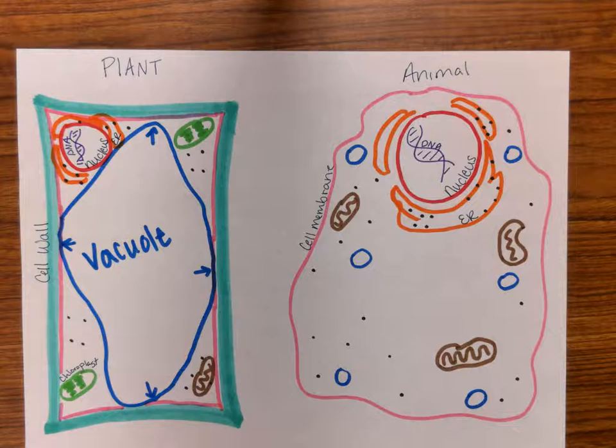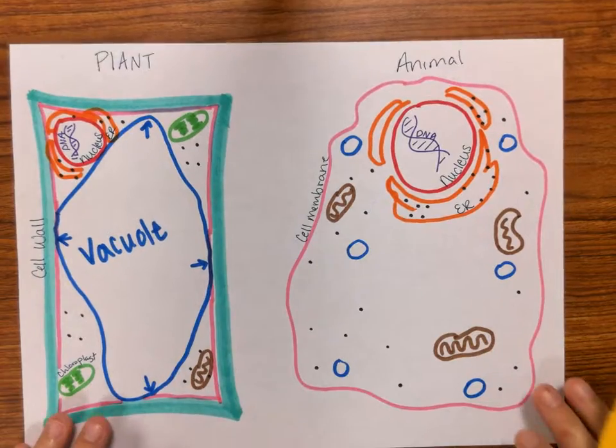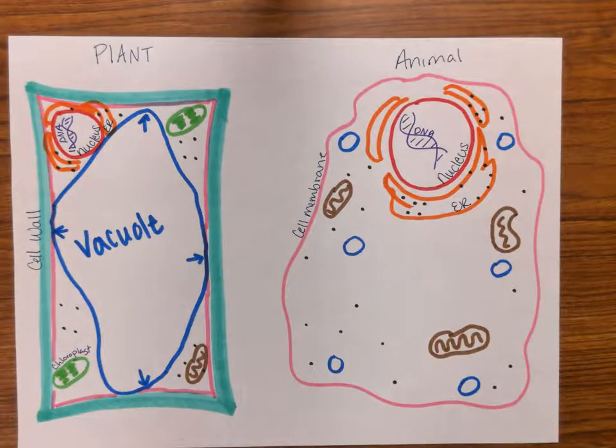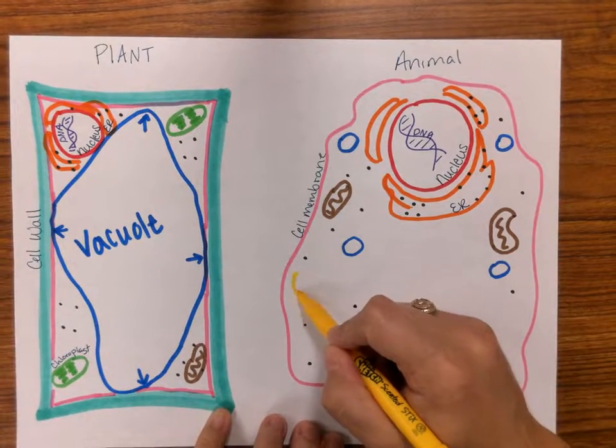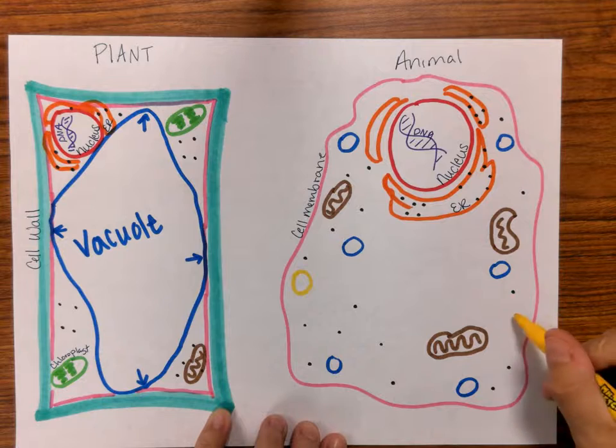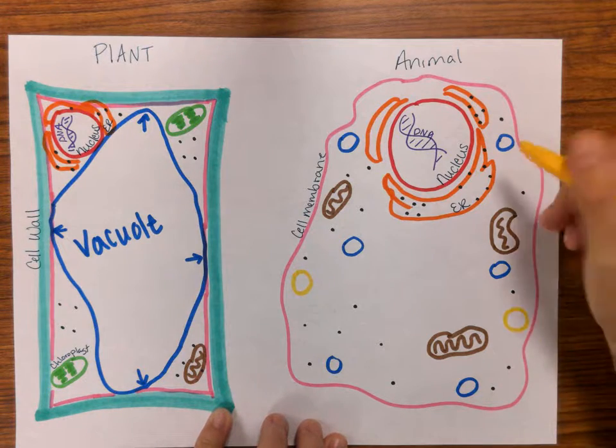So another type of vessel or bubble inside the cell is the lysosome. Lysosomes are mainly found in animals. So for our purposes, we're going to do animals only. And this is a pre-AP only organelle. So lysosomes are just another little bubble, and they're the digestive system, or the trash men of the cell.